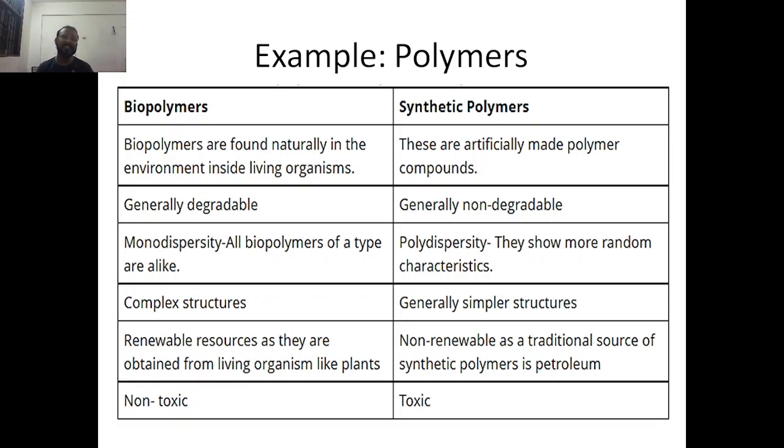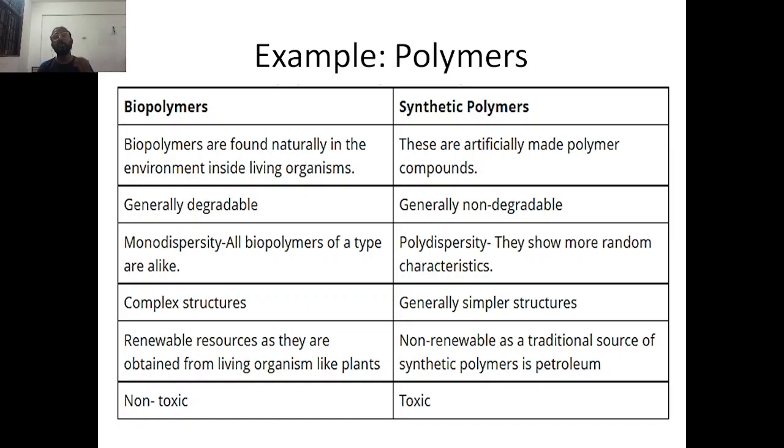Synthetic polymers are artificially made polymer compounds, made in the laboratory; you can simply say they are man-made. Biopolymers are generally degradable; usually all of them are degradable in nature, including the hardest structures like bones. Synthetic polymers are generally non-degradable.